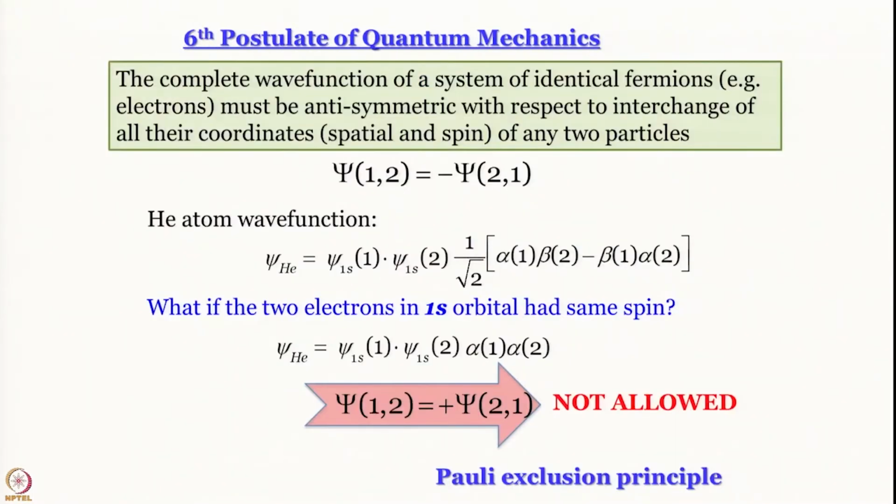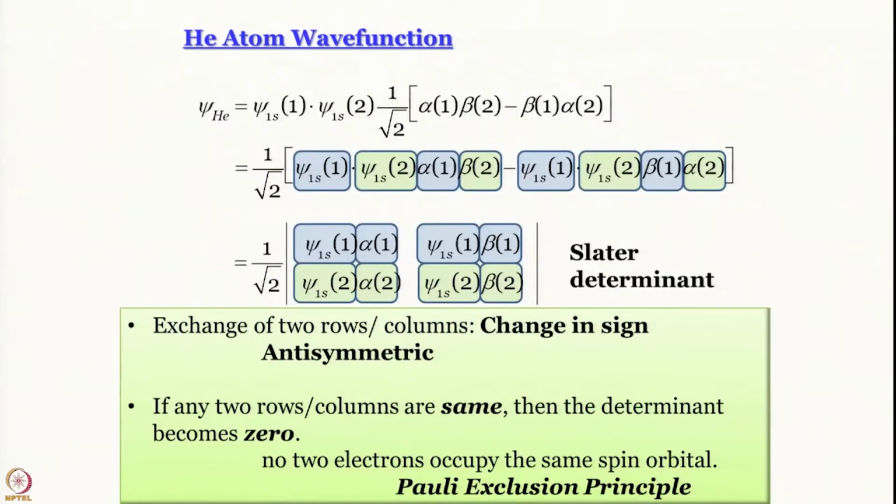That takes us to the 6th postulate of quantum mechanics, which says that for identical fermions like electrons, the total wave function must be antisymmetric with respect to interchange of all the coordinates. And that essentially, as we learned, led to the Pauli exclusion principle, which said that the ms value must be different, and incorporating that we learned how to write this many electron atom wave function very conveniently in the form of a Slater determinant.